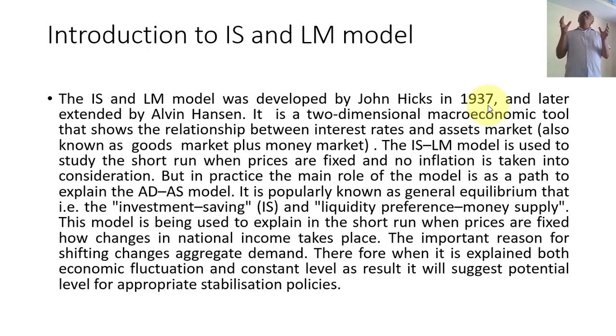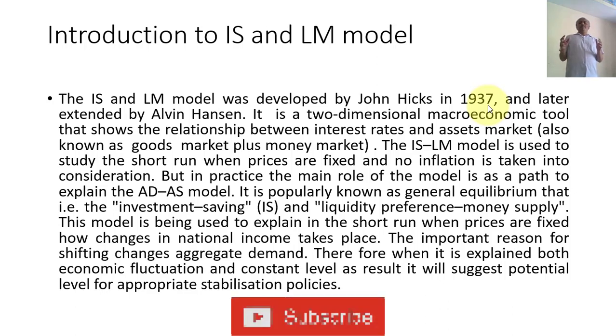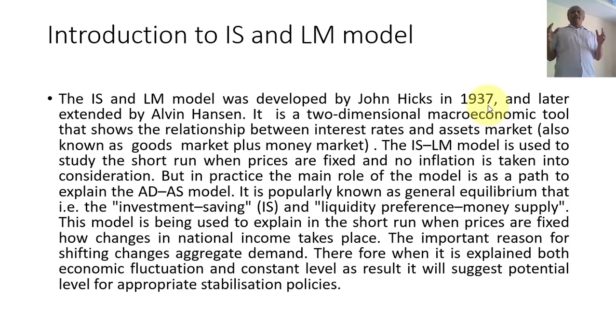This IS and LM model is used for the short term, when prices are fixed and no inflation is taken into consideration. But in practice, the main role of the model is to explain the aggregate demand and aggregate supply model.